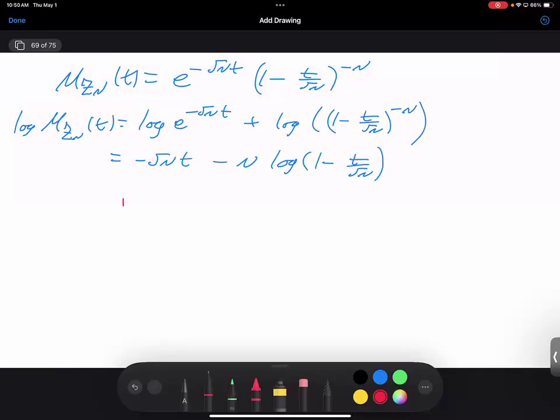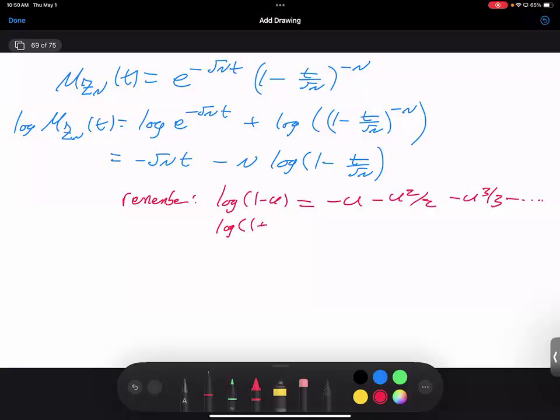But we all remember the log of 1 minus u is minus u minus u squared over 2 minus u cubed over 3 minus dot, dot, dot. This is just one of the expansions you need to know. The log of 1 plus u is plus u minus u squared over 2 plus u cubed over 3 minus dot, dot, dot.